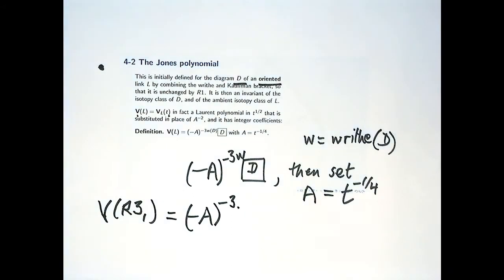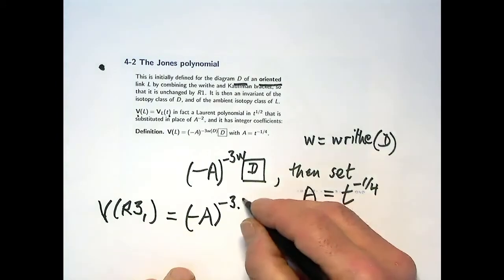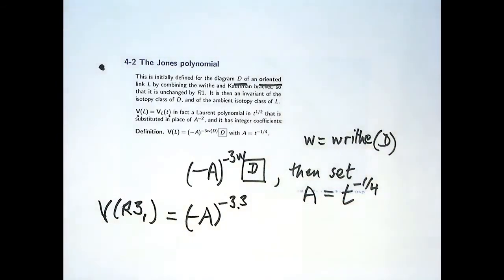Does anyone remember? Is it 5? No, there are 3 crossings, so it's going to be 3? 3 or minus 3? It's plus 3. Okay, I just remember that. The right-hand trefoil knot has writhe plus 3.